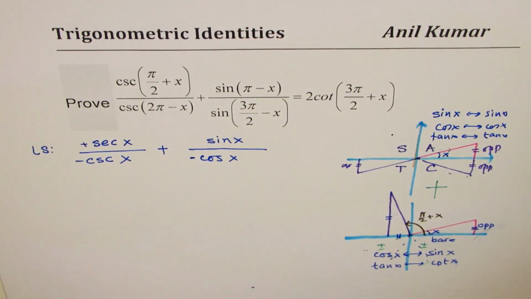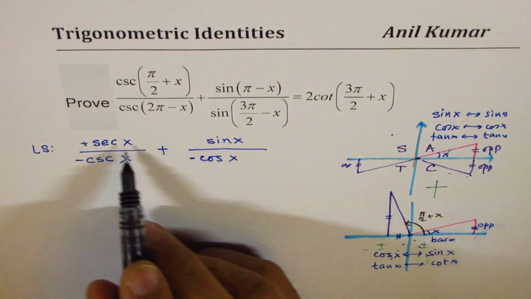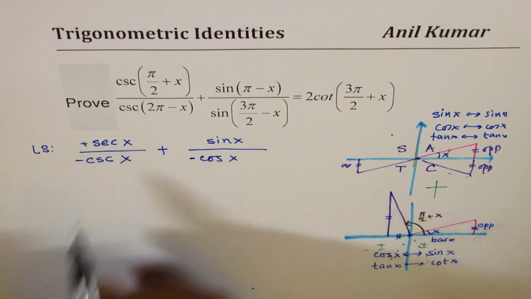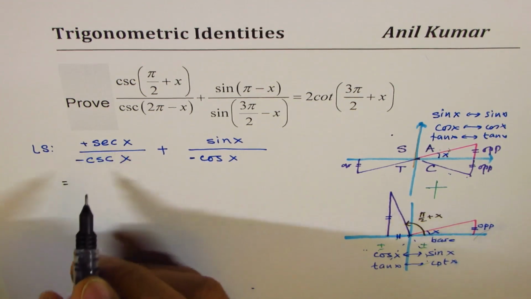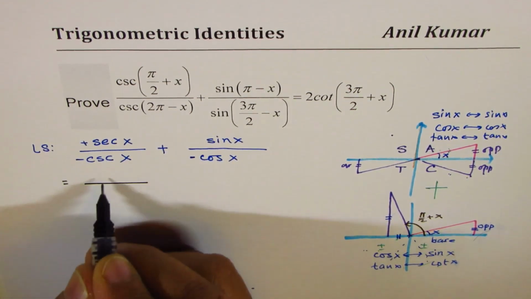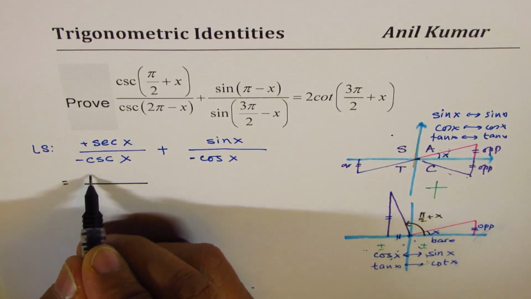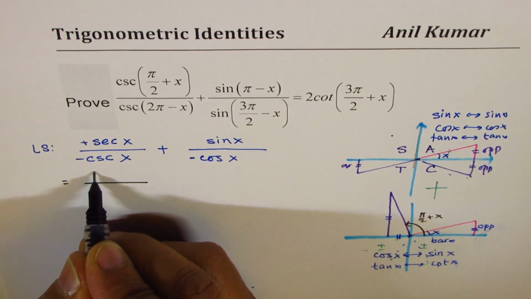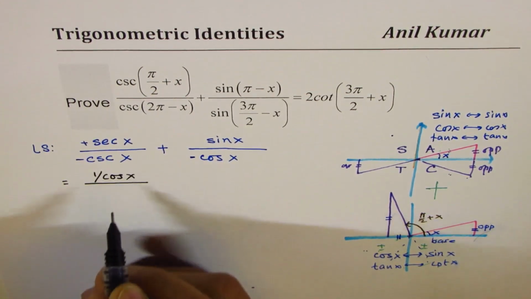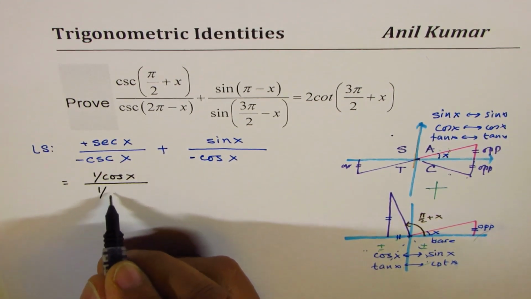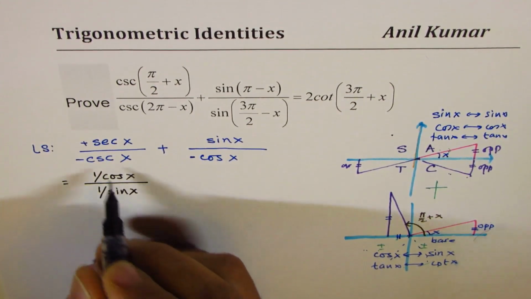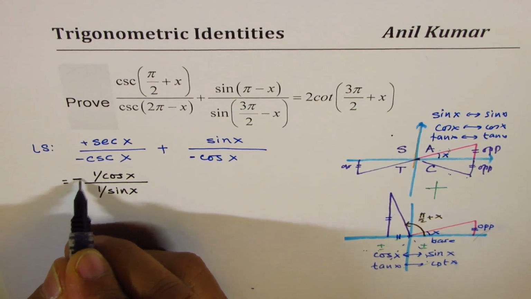So go through this part clearly and see if you've understood, and then move on. So we have this kind of an expression. Now let's rewrite. Secant is 1 over cos, so I'll write this as 1 over cos x, and cosecant is 1 over sine, so I'll write 1 over sine x. And I could write this negative first here. Is it okay?